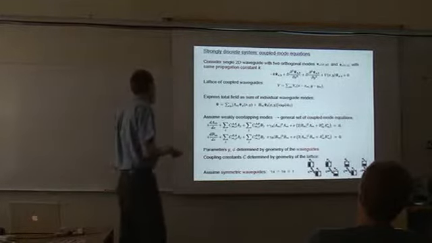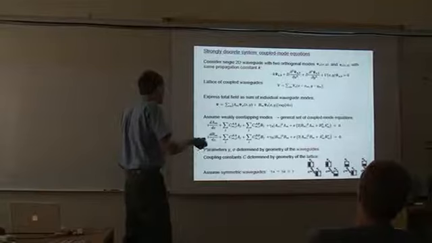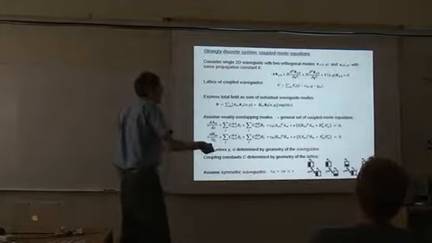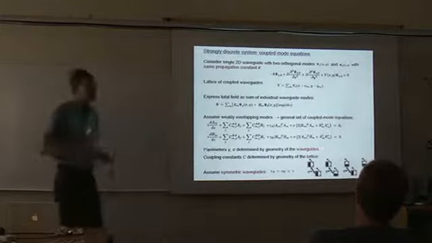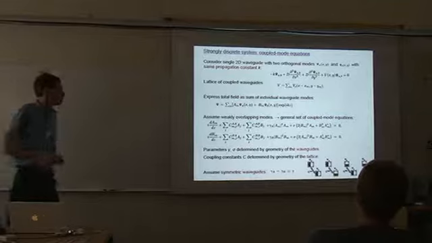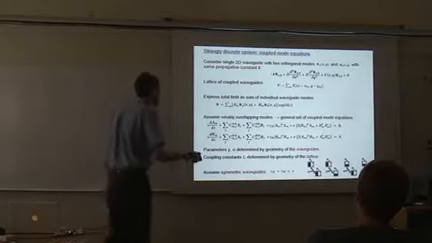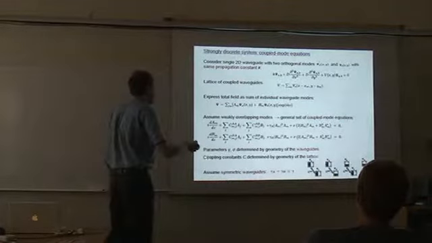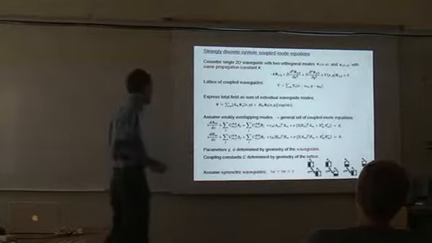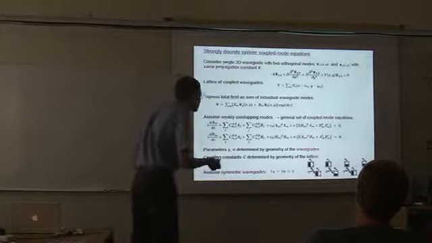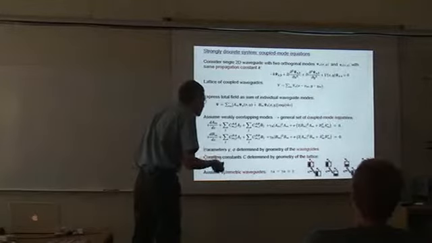So you have the nonlinear parameters gamma and sigma, which are essentially determined by the geometry of the waveguides and the strength of the nonlinearity. And then we have the coupling constant C, whose detailed structure is determined by the geometry of the lattice. So in general, the notation here is that CAA is coupling between A modes.